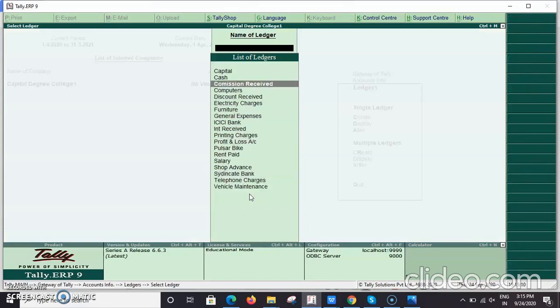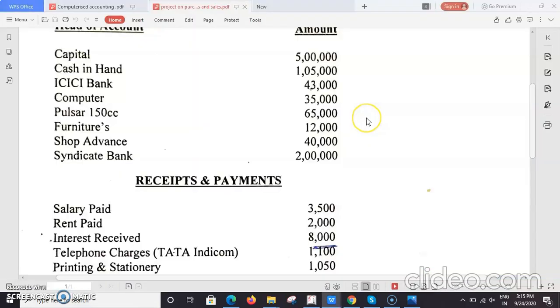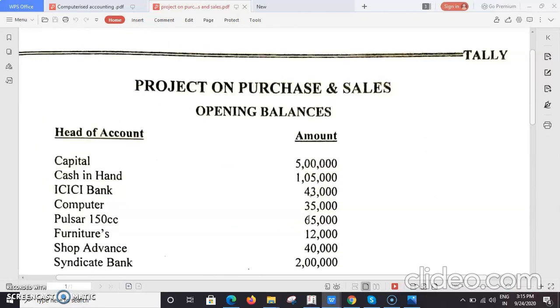If you observe in cash, I have not entered any amount. It will show a 1,05,000 difference.